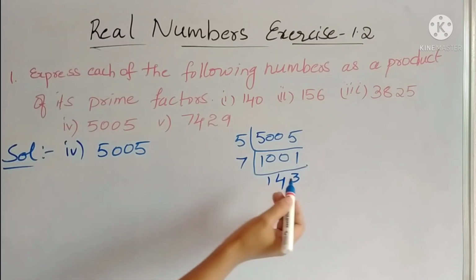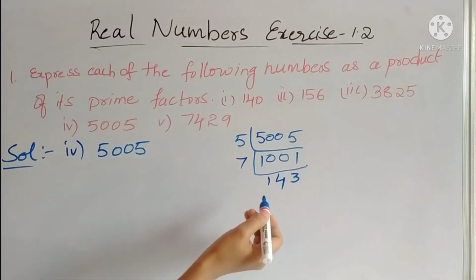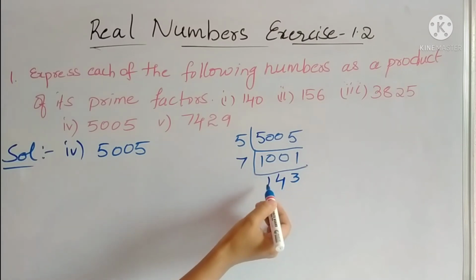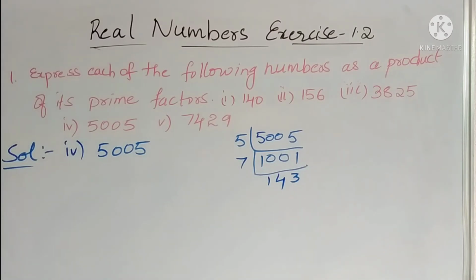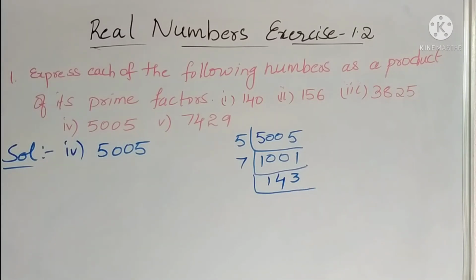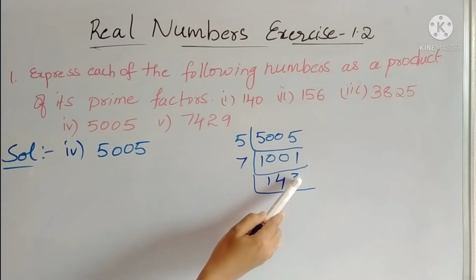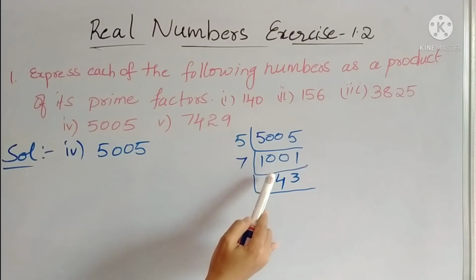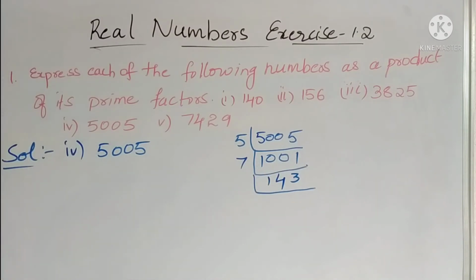So now we want to check this 143. Again clearly it is not divisible by 2. So not 5. 3 plus 1, 4. 4 plus 4, 8. So it is not divisible by 3 also. So next prime number 11. What is the divisibility rule of 11? The sum of digits in even places and the sum of digits in odd places, first of all we should do, and the difference between those sums must be 0 or 11 or 22, like that.